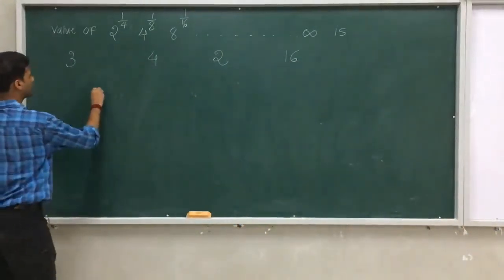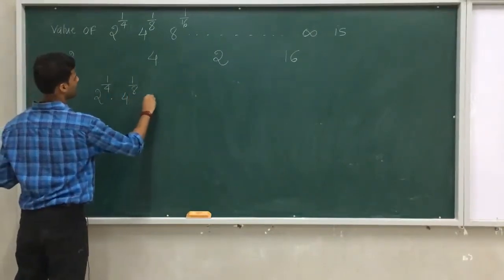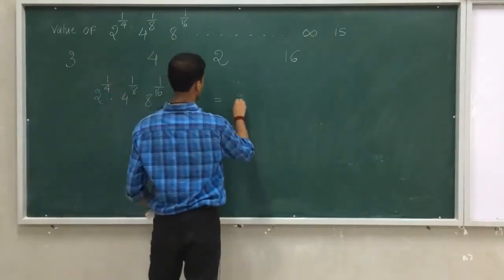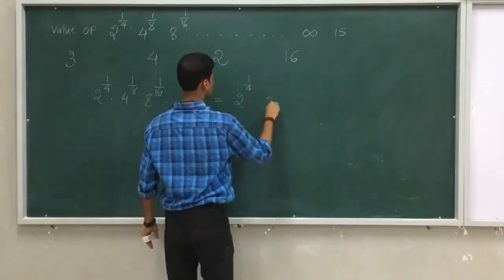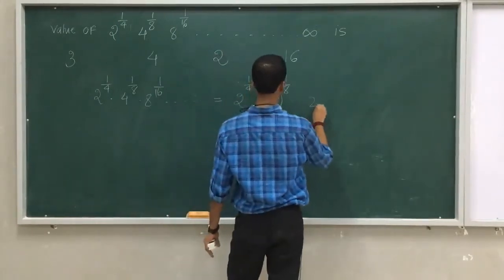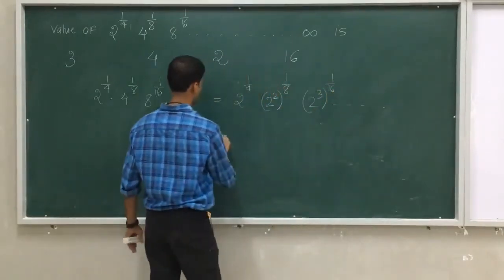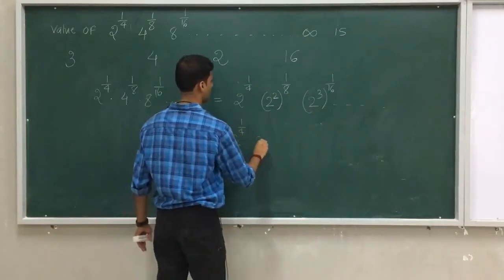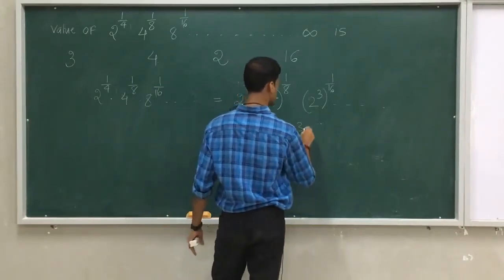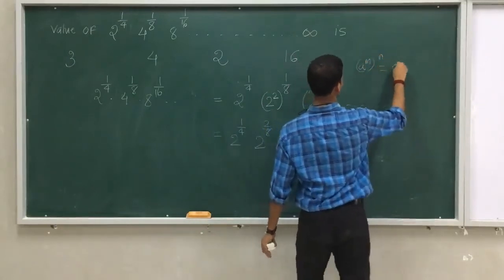So 2 power 1 by 4, 4 power 1 by 8, 8 power 1 by 16, and so on, can be written as 2 power 1 by 4, 2 square is 4, I'll keep this as it is, then 2 cube, I will keep as it is. I can write this as 2 power 1 by 4, 2 power 2 by 8, 2 power 3 by 16, because we all know a power m whole power n is a power mn.